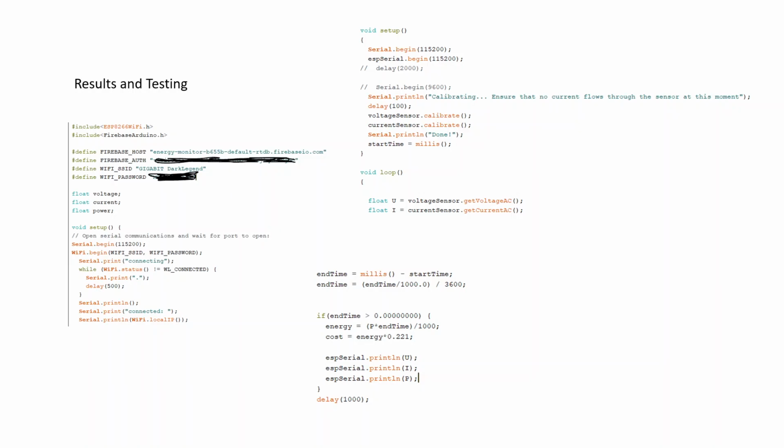These are some of the code snippets I have done for Arduino and NodeMCU. Then I used calculation techniques like P equals VI to calculate the power, multiplied it with the time and divided by 100 to get the energy, and multiplied the energy by 0.221, which is the Malaysian standard price per kilowatt hour, and then I got the cost. I uploaded these three values to Firebase using the NodeMCU.